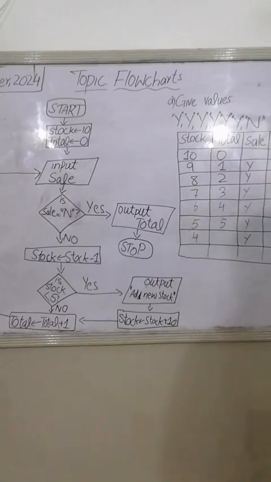So it means this time we are going to write our first message in the output column, and that is add new stock. So here we will write add new stock, right?